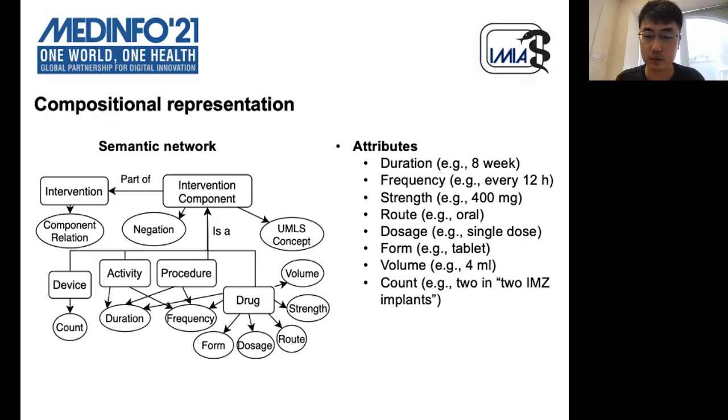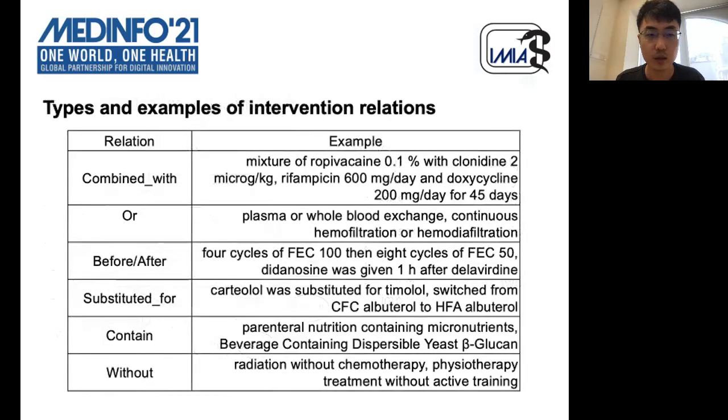For the intervention, we also defined an attribute, component relation, that captures the internal relations between the intervention components. We identified 6 types of intervention relations: combined with, or, before, after, substituted for, contain, and without.